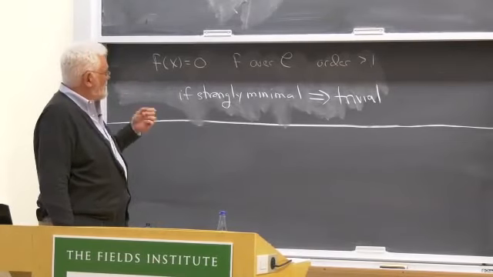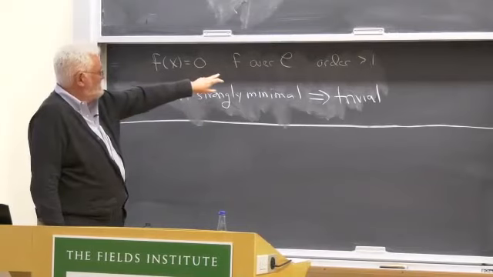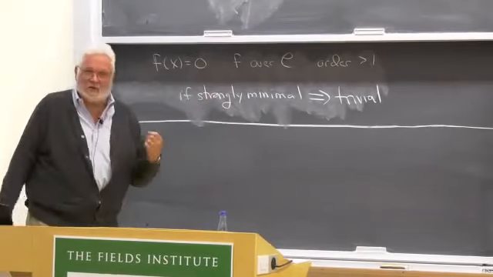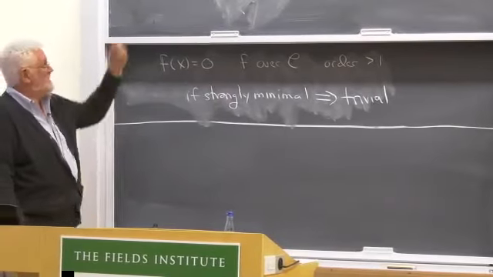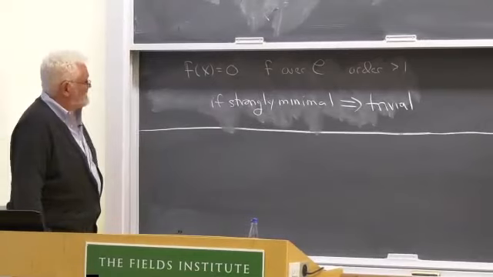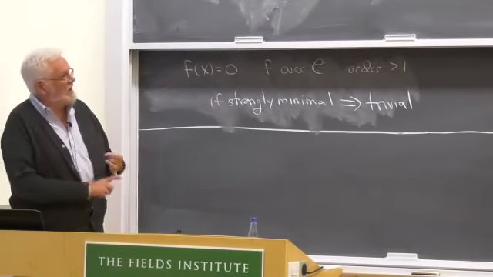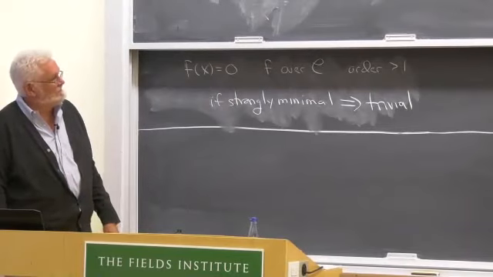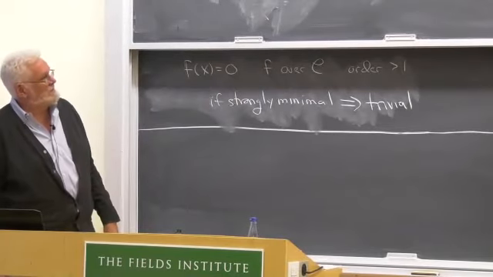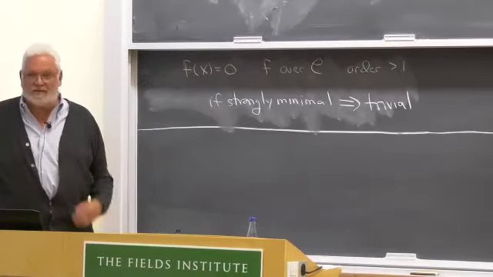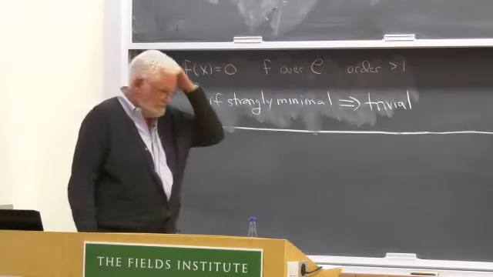It takes a slight bit of work to show that because it's defined over the constants, if it's locally modular non-trivial, it can't be non-orthogonal to a Manin kernel. Okay, so this says that the Poizat example, at least, is an example that's trivial.